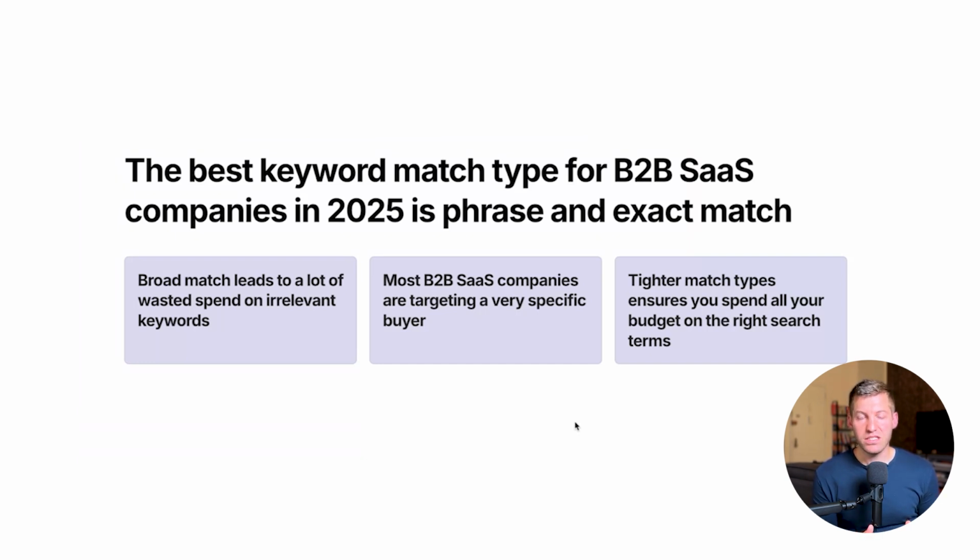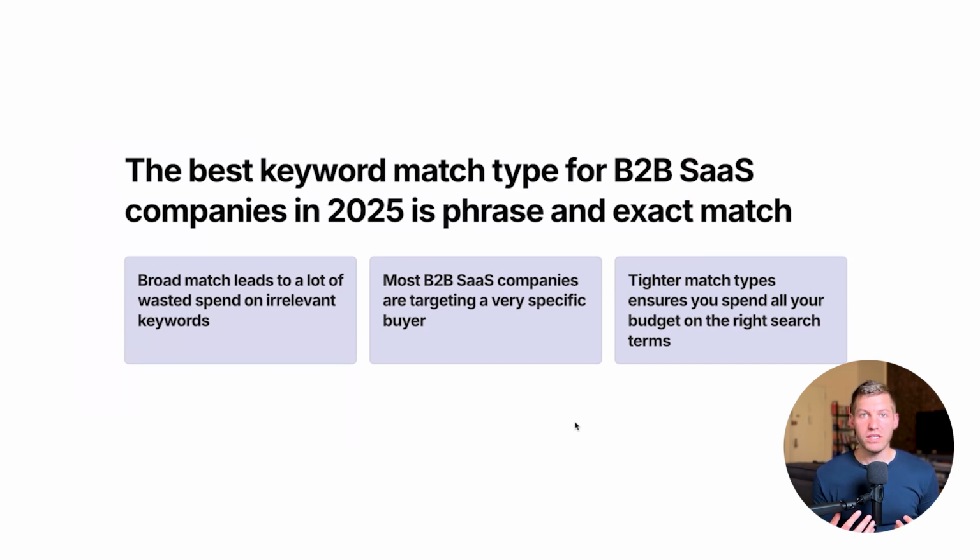The second thing is, as mentioned, the reason broad match works is because Google is able to pick up signals and understand user behavior to understand who is going to be a great buyer and who they should show their ad to. The problem with a lot of B2B SaaS companies is they're selling software that's relatively new to market, and sometimes brand new. What I've come to realize is that Google does not understand what your new technology actually does.